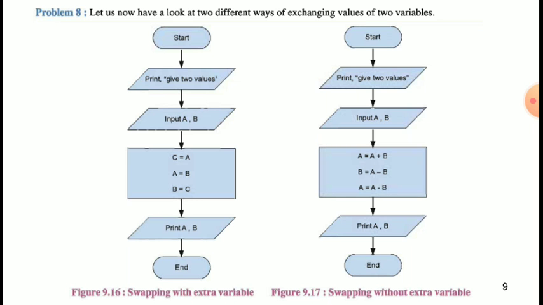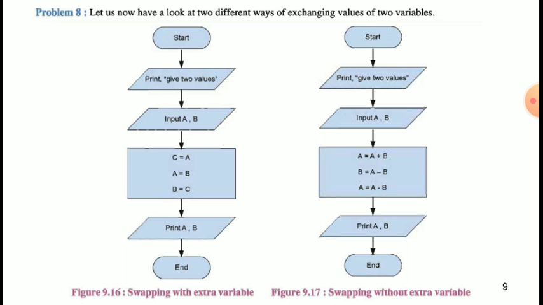And the second, swapping without an extra variable. So first, take two variables, say a and b, and store values in them. Second, add the value of b into a and store it in a.